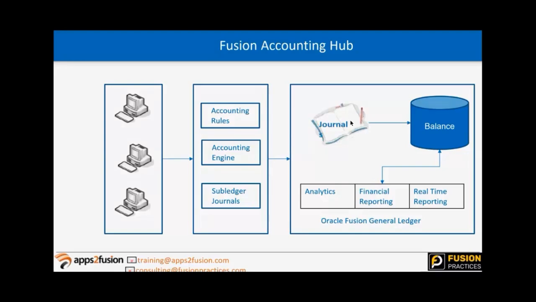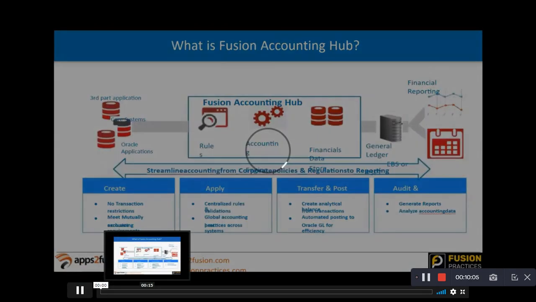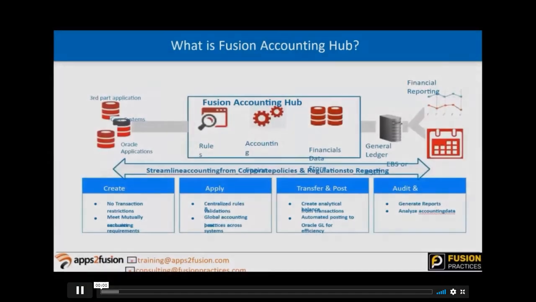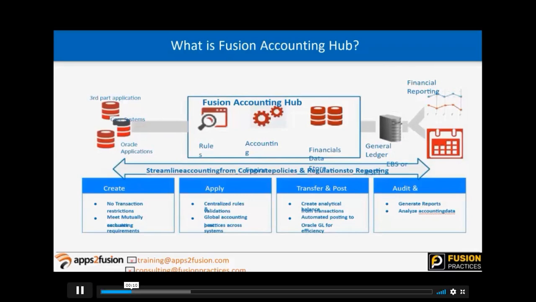You can do any kind of analytics, financial reporting, real-time reporting on this application. Now, your third-party systems can be anything. They send over information, so you can create the transactions.